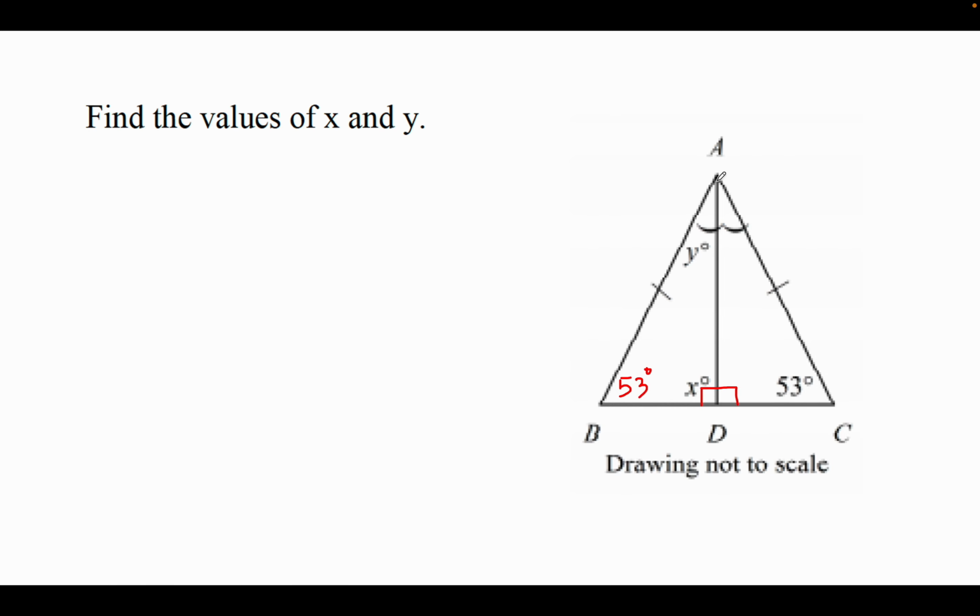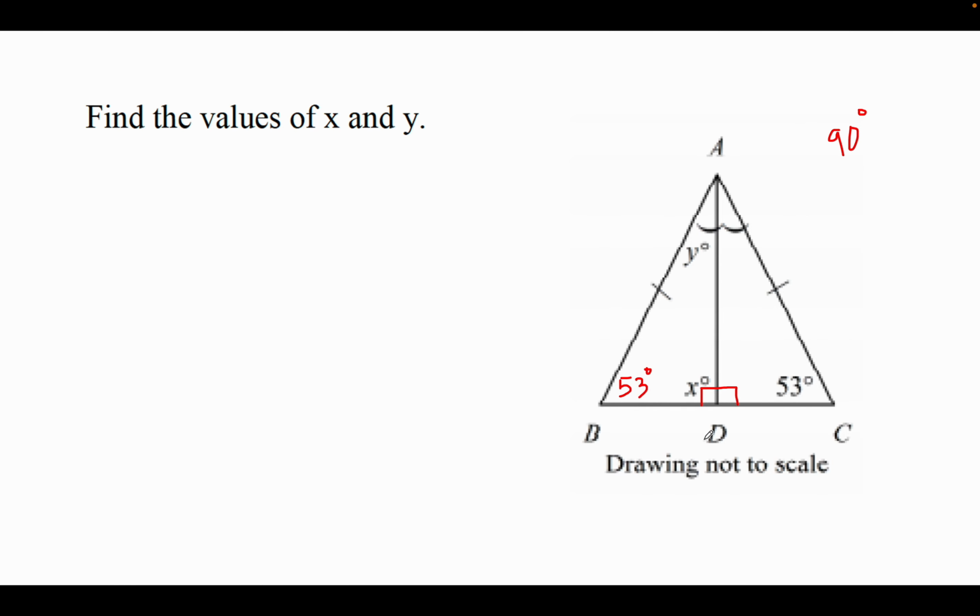Right triangle. And this line segment AD is perpendicular to line segment BC. Kapag sinabi nating perpendicular, it forms a right angle. Kapag sinabi nating right angle, meaning ang measure niya is 90 degrees.